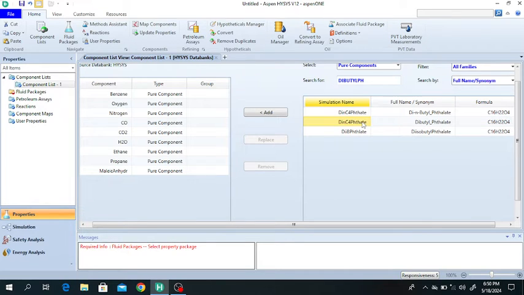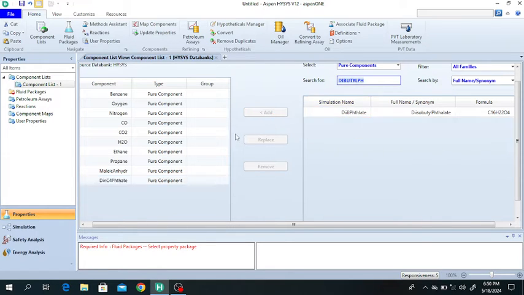So these are our components: benzene, oxygen, nitrogen, water, carbon dioxide, ethane, propane.